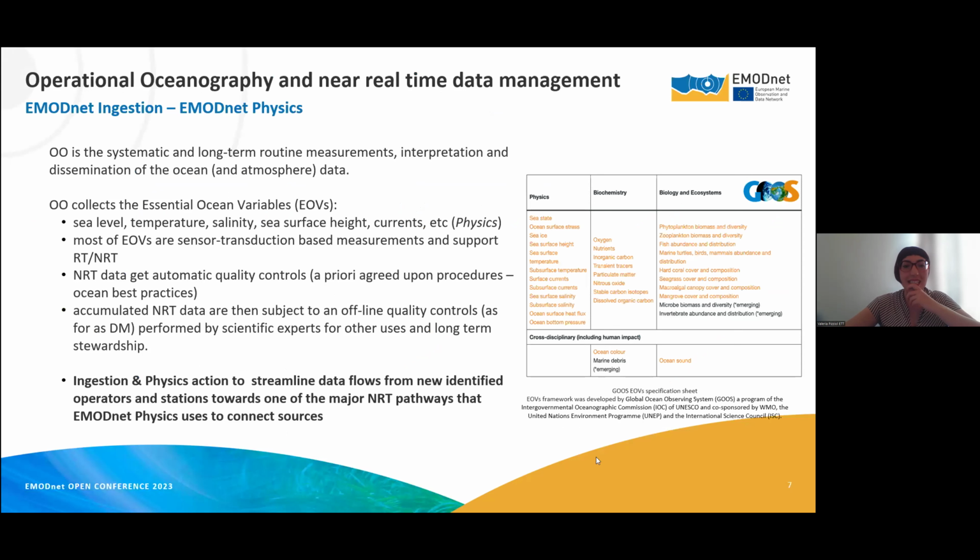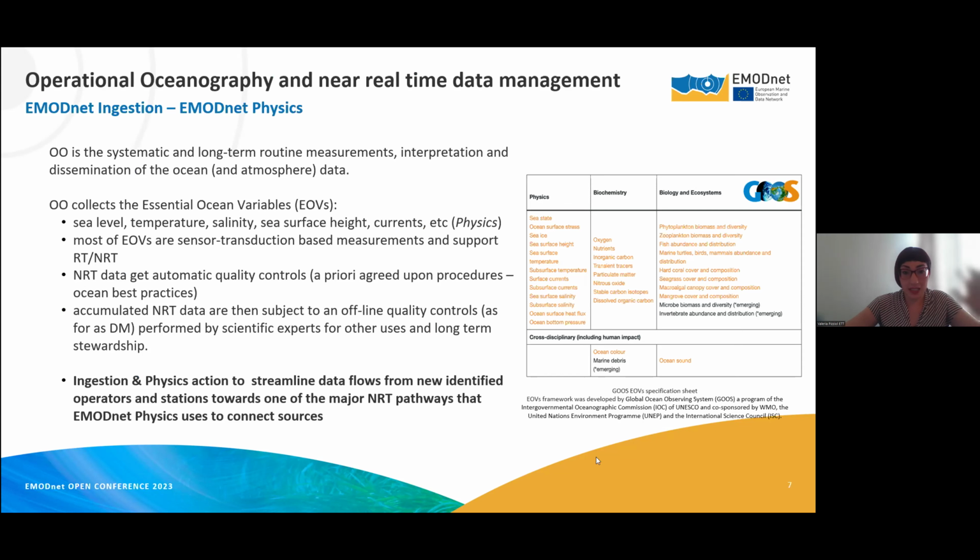So this is something that is really linked to the concept of operational oceanography, because the variables that are needed to present the data not only in EMODnet Physics but in the whole network come from what the state of the art about metadata and variables requires.